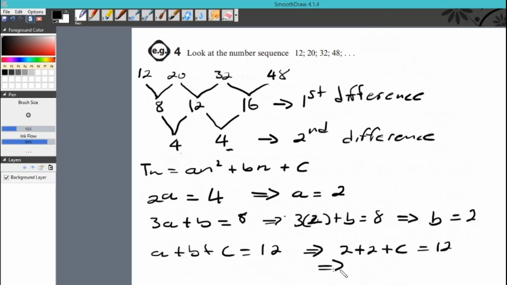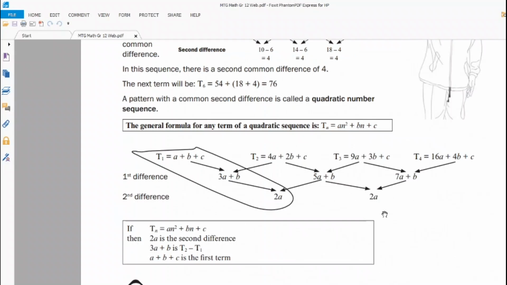C is equal to 12 minus 4. 12 minus 4 is 8. Therefore, the general term formula is Tn is equal to 2n squared plus 2n plus 8. Right? The general term formula there.